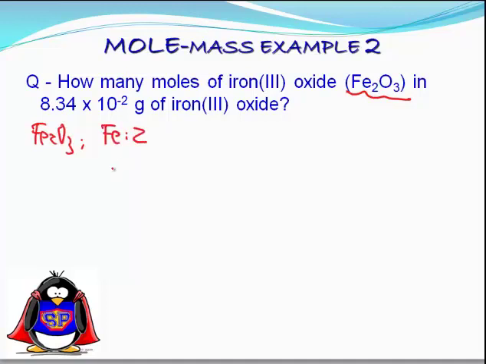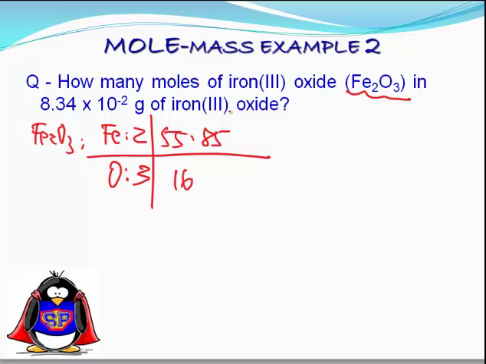Iron 2, oxygen 3, and iron is 55.85, and that will be grams per mole, and oxygen will be 16.